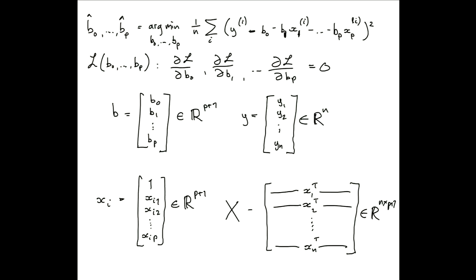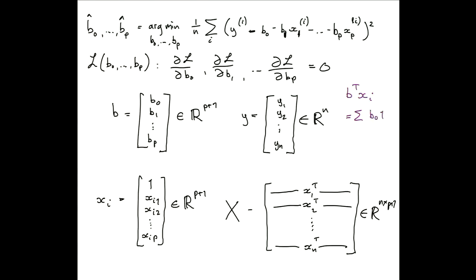So the inner product is B transpose xi. What does that actually equal? Well, it equals the sum of B0 times 1.